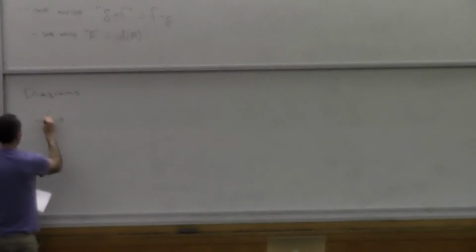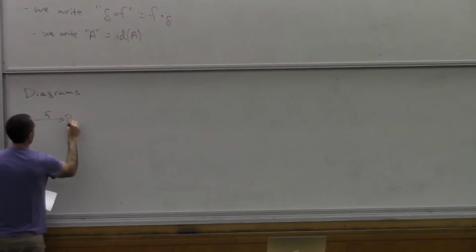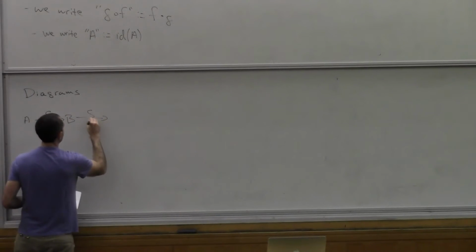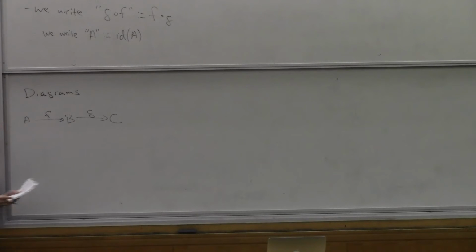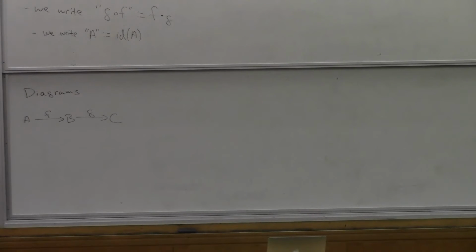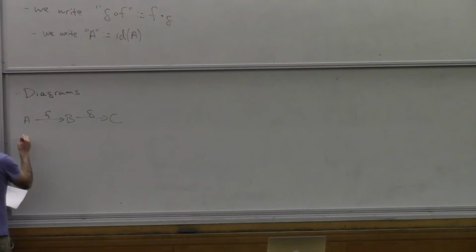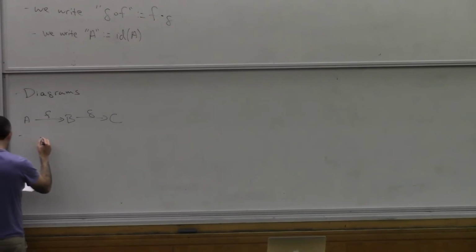So an example is, if we want F, and it's composable with an arrow G, then we can just draw it like this. This tells us all we need to know, that F and G are composable, and it tells us the domains and codomains of the arrows involved. Okay, but we can convey more information still in what's called a commutative diagram.